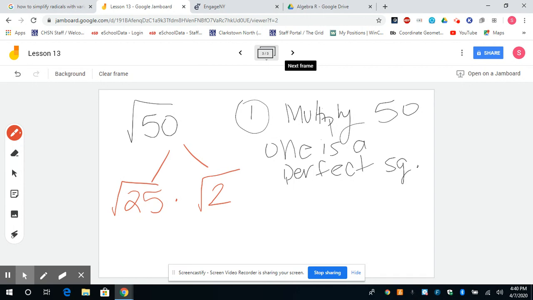So I'm breaking radical 50 down. Now I want one to be a perfect square, because what's the square root of 25? Just 5. So my answer is just 5 radical 2. Again, for this, we're just going to make the 5 positive, but when you simplify your quadratics, you should have a positive and negative.